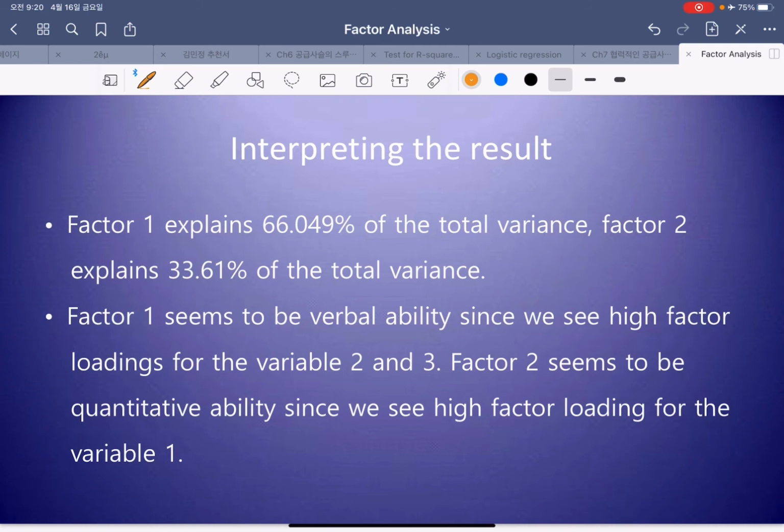And the second one: Factor 1 seems to be verbal ability, since we see high factor loadings for variables 2 and 3. Factor 2 seems to be quantitative ability, since we see a high factor loading for variable 1.